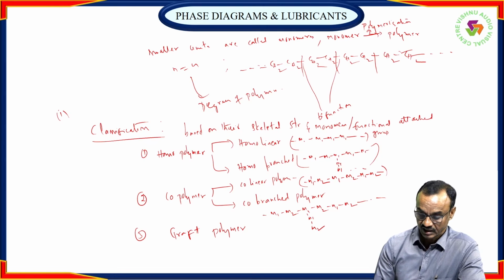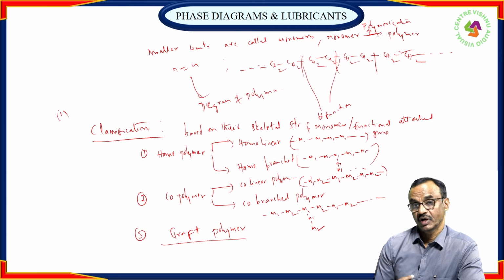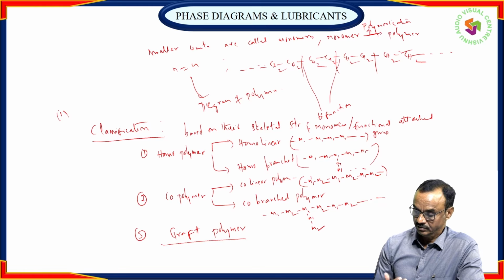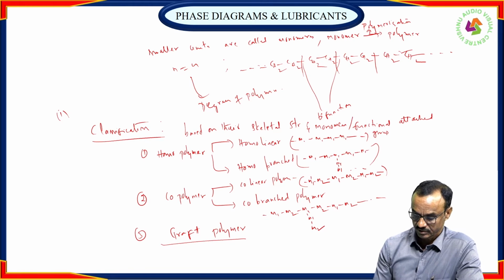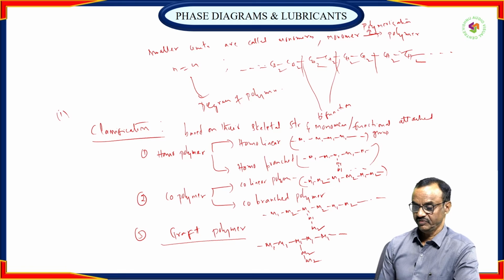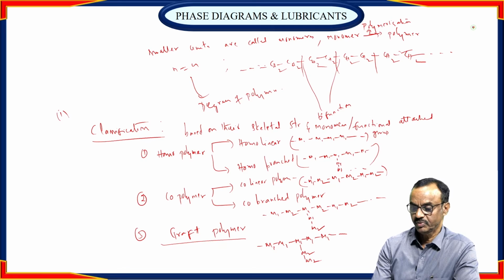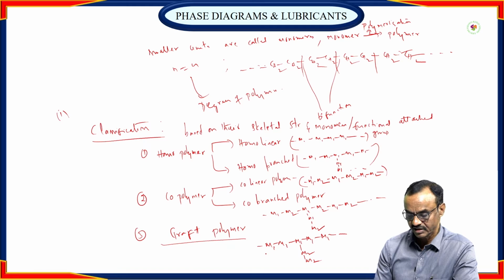Graft polymer. I would like to ask you a question: what is the difference between graft polymer and co-branched polymer? In a homo-branched polymer, both branch and main chain consist of the same, identical monomers. In a co-branched polymer, the branch consists of M1, M2 monomers and the main chain also consists of M1, M2. So both branch and main chain are made up of M1, M2 monomers.